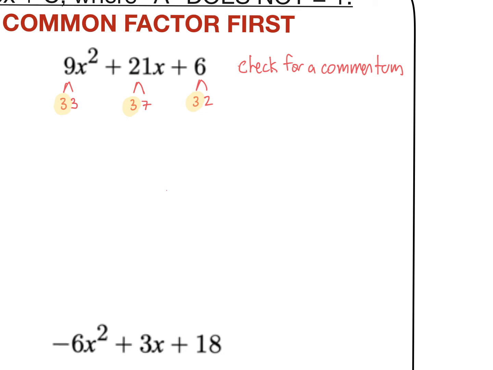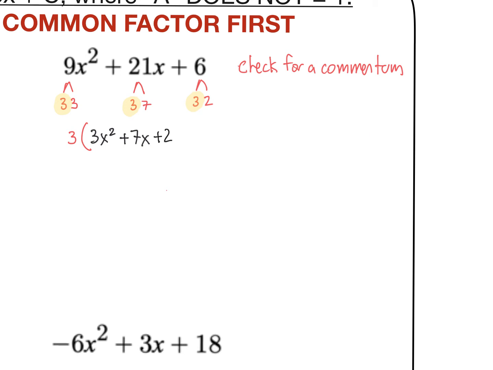So I take a 3 out, parentheses, oops, I don't want to write yellow, it's hard to see. What's left then is the following: 3x squared, then positive 7x, and then finally a positive 2.